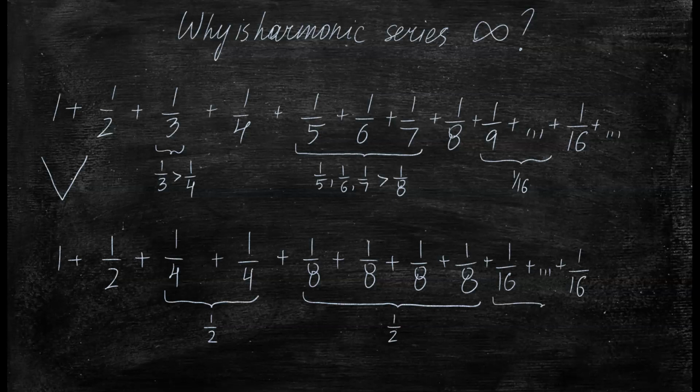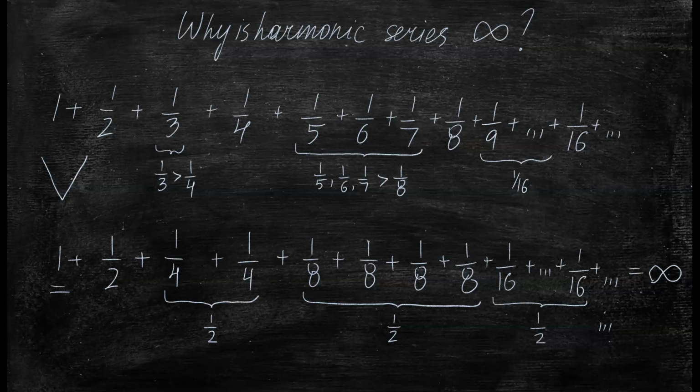And what would be 1/16 plus 1/16, 8 times? It's also going to be 1/2. So if this pattern continues, we're going to end up with basically infinitely many 1/2s. So infinitely many 1/2s will add up to infinity, and you're still going to have an extra 1 here.